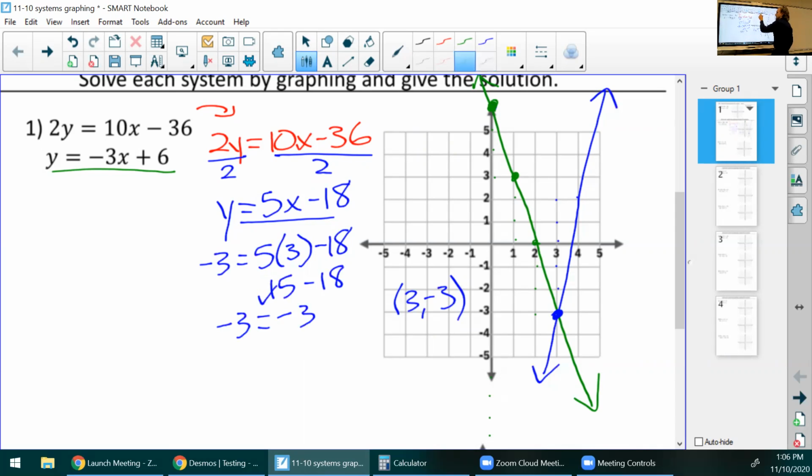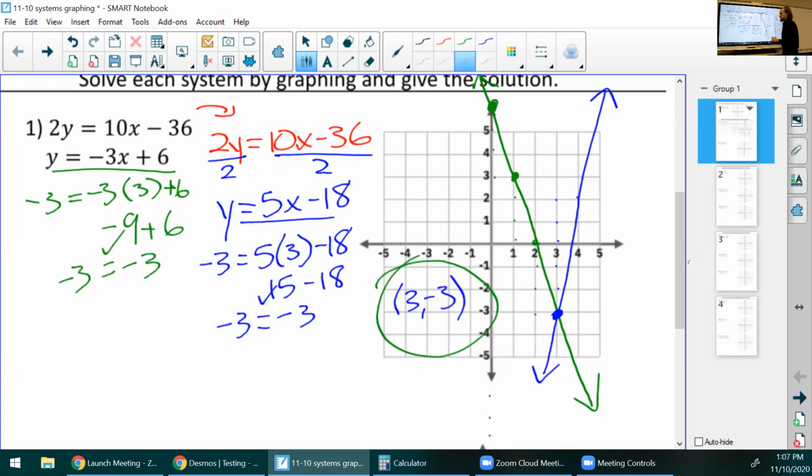That checks out. We do the same thing for our first equation. So -3, does that equal -3 times +3 plus 6? So this would be -9. -9 plus 6 is -3. This checks out as well. So this is the correct answer.